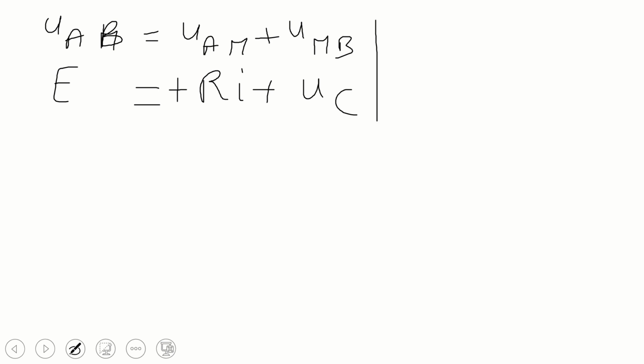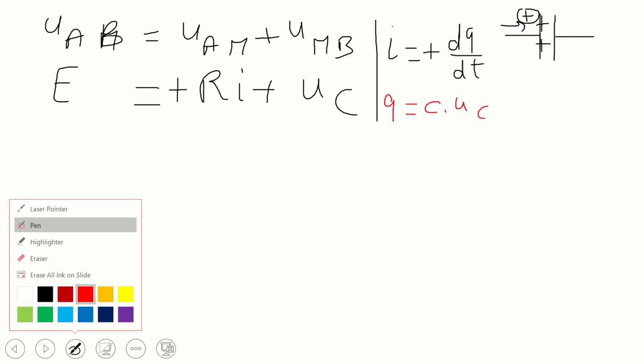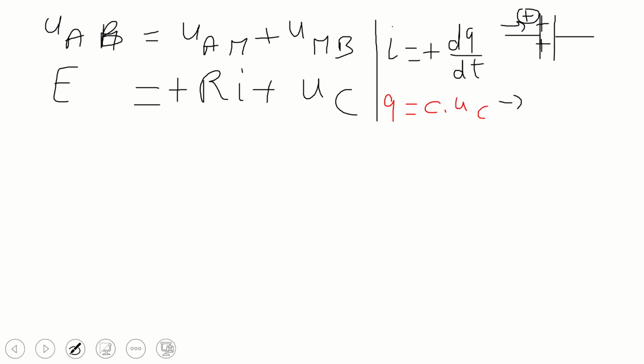Now, when the positive sense enters the positive plate of the capacitor, we consider I equals plus the variation of charge Q as function of time. So as Q equals C times UC, thus I equals plus derivative of C UC as function of time.